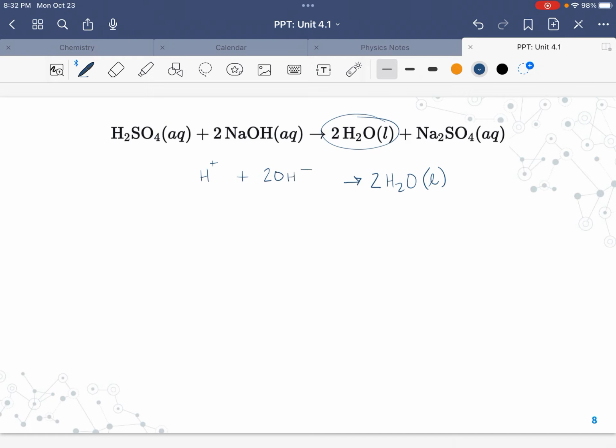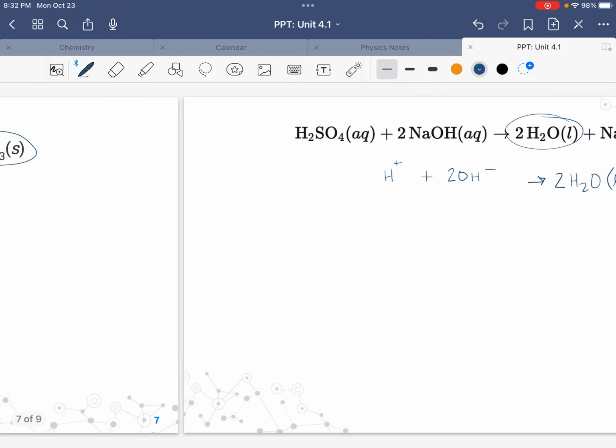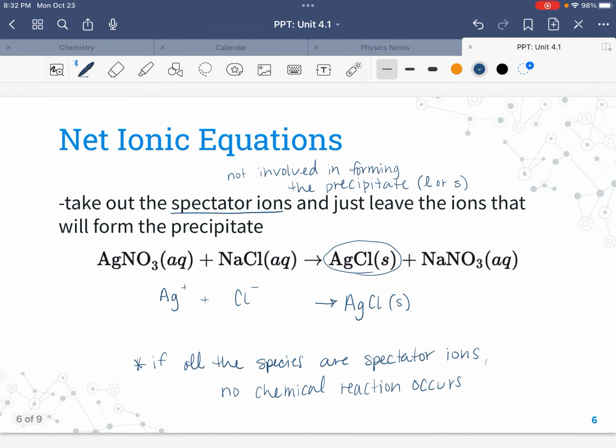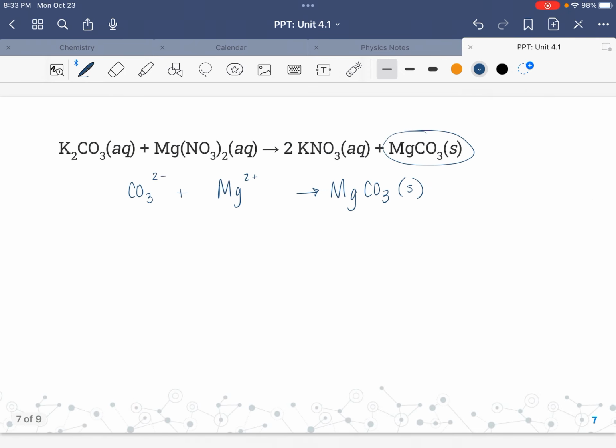Okay, and so one thing I do want to go back and do for each of these is determine what types of reactions each of them are. Okay, so if I go back to this first one, this one would be double displacement. Okay, this one is also a double displacement.